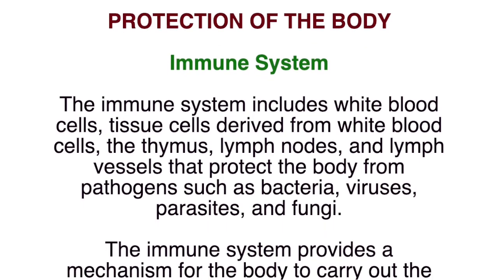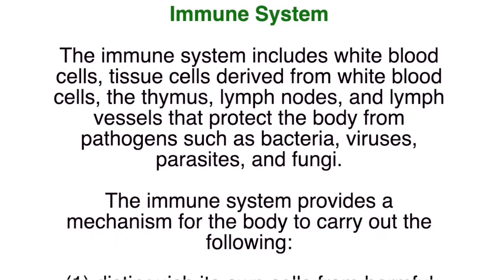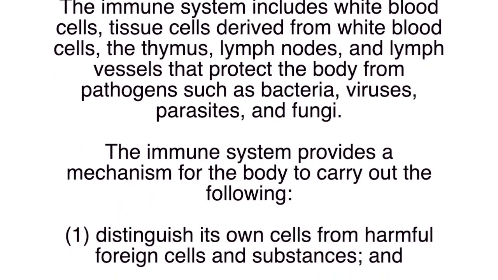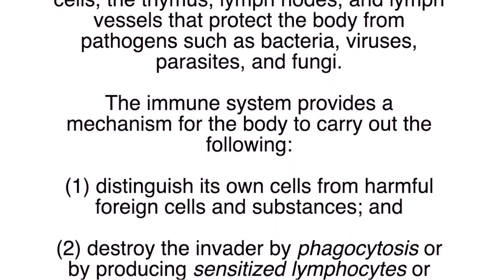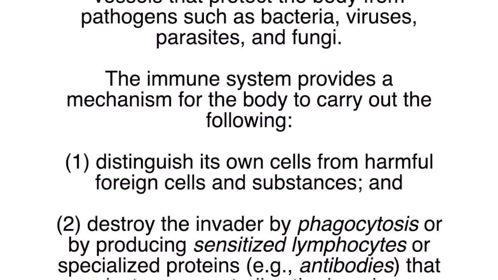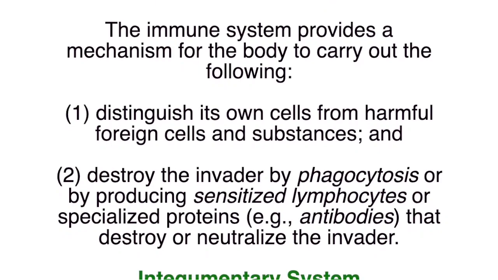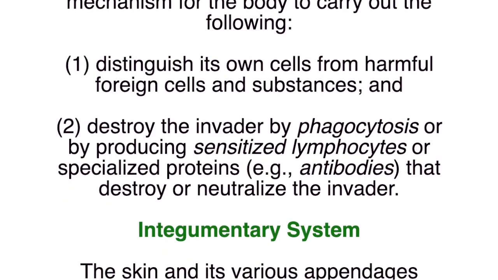The immune system provides a mechanism for the body to carry out the following: 1. Distinguish its own cells from harmful foreign cells and substances, and 2. Destroy the invader by phagocytosis or by producing sensitized lymphocytes or specialized proteins, for example antibodies, that destroy or neutralize the invader.